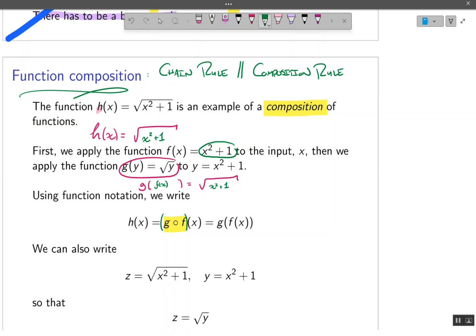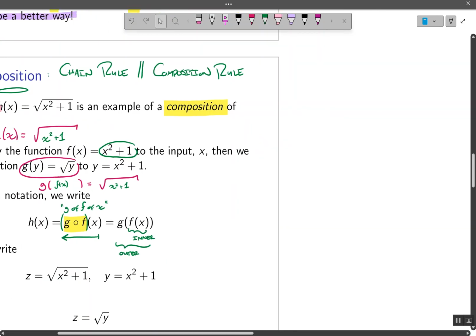So this is read g of f of x. We read it from right to left. That means that the inner function is f of x, and the outer function is g of x.